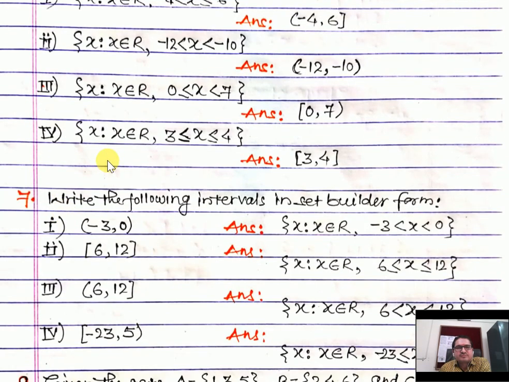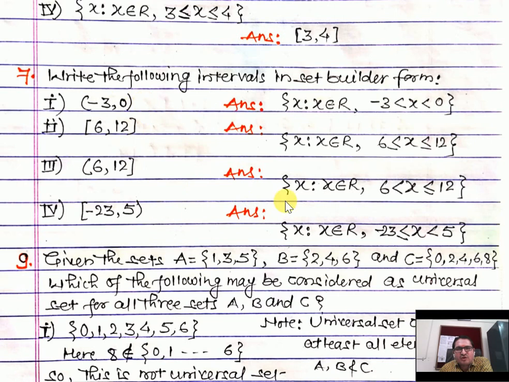Fourth, x such that x greater than or equal to 3 but less than or equal to 4, so the closed bracket will come. This equal sign is given. Okay. Question number 7, write the following intervals in set builder form. This is the open bracket, both sides. So x such that x is an element of R, x greater than -3 but less than 0, bracket close.